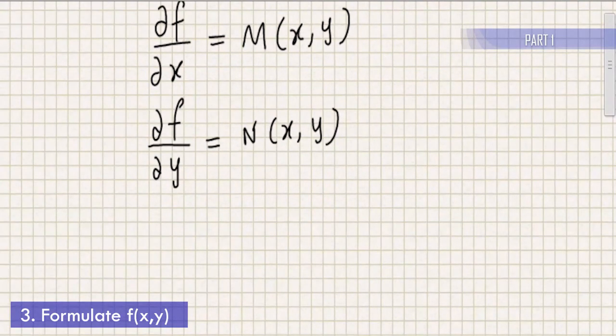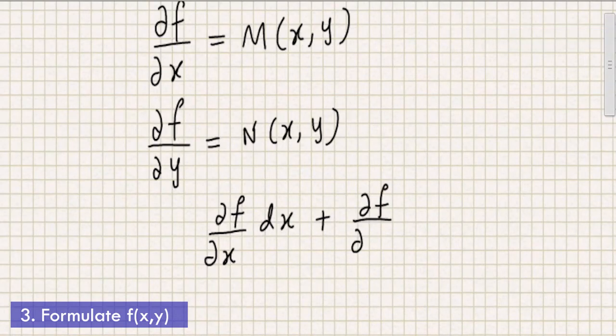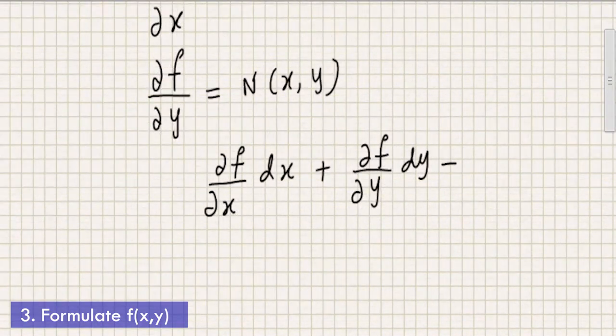So when this is the case, instead of M dx + N dy = 0, I should be able to write ∂f/∂x dx plus ∂f/∂y, which is N(x,y), dy, equal to 0.